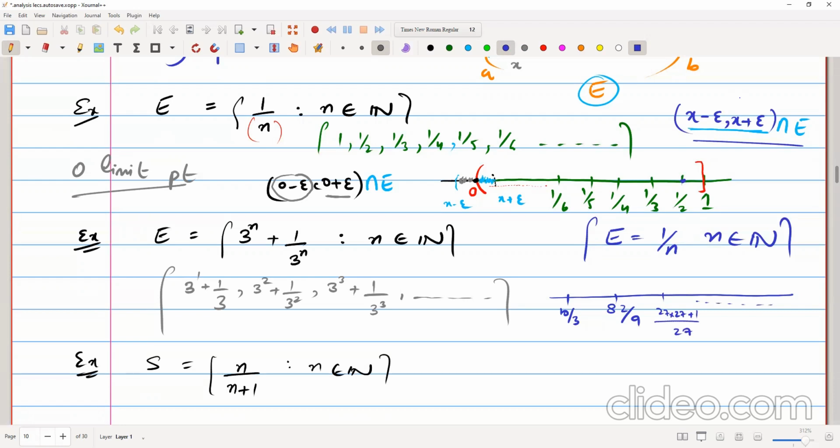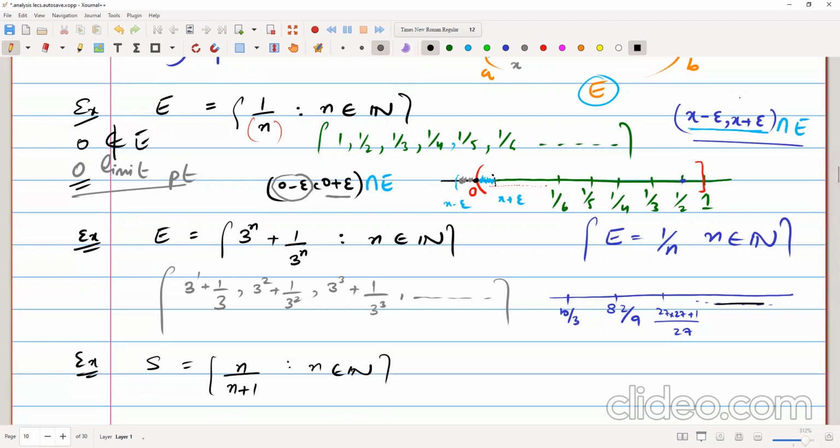We can see that it's getting bigger and bigger, and it will go to infinity. So there is no accumulation or limit point in this set, because nowhere in the set or outside the set is there any limit point. And I forgot to tell you that in the previous example, this 0 was not included in the set. This 0 does not belong to the set E. So a limit point can be outside the set, okay?